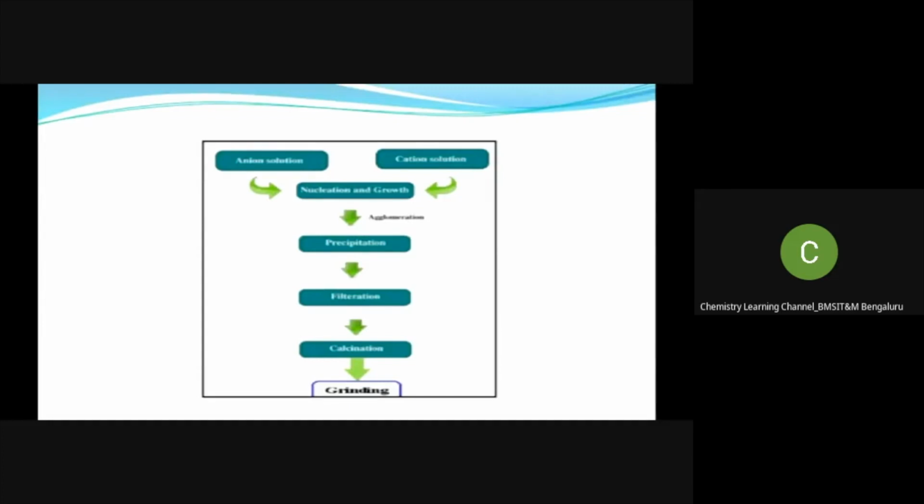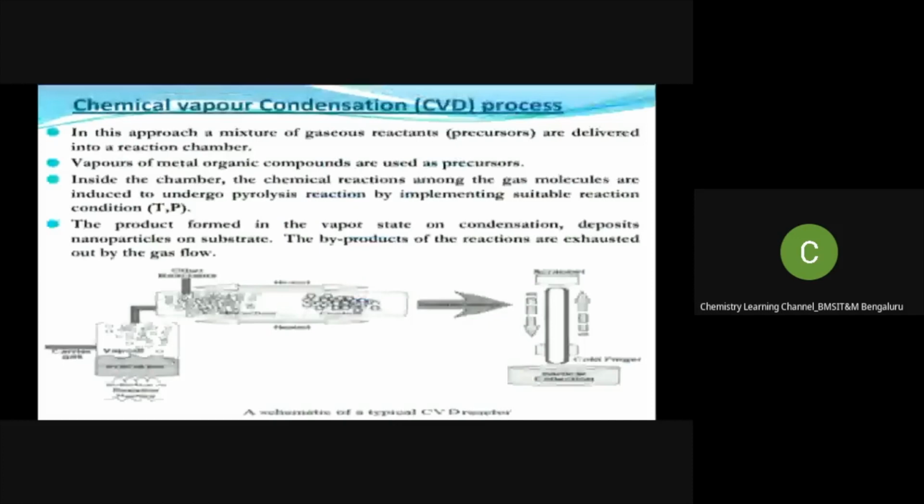The other method is the chemical vapor condensation process. In this approach, a mixture of gaseous reactants is delivered into the reaction chamber. Here, the gaseous vapor of metal organic compounds is used as the precursor.